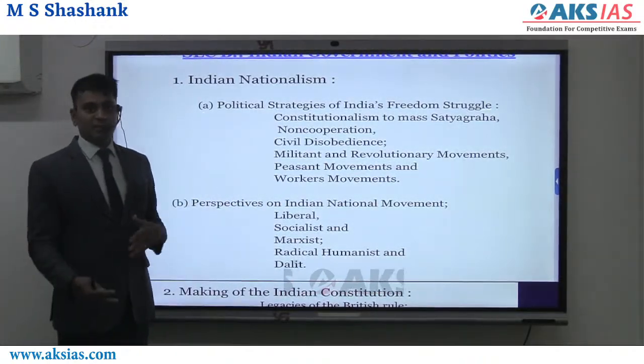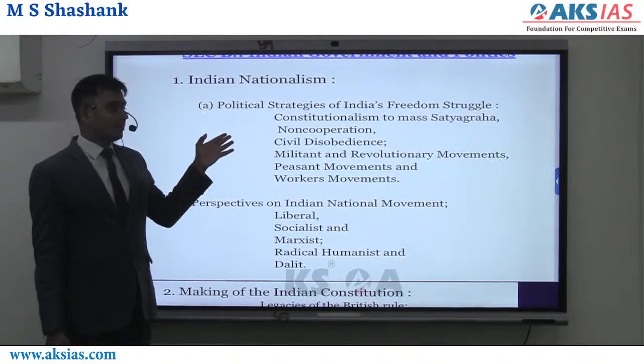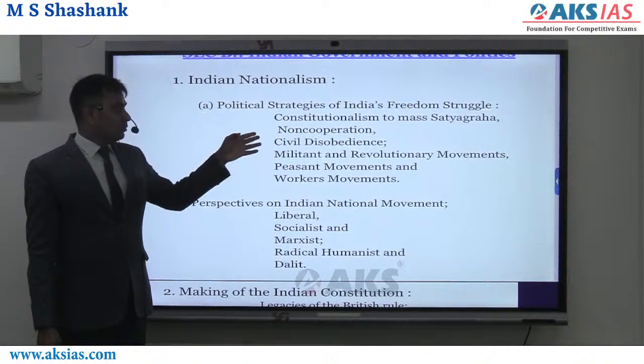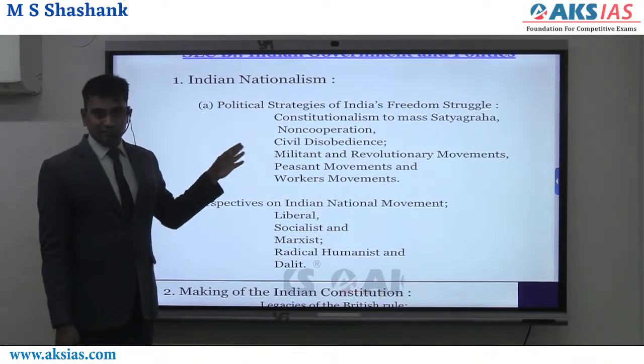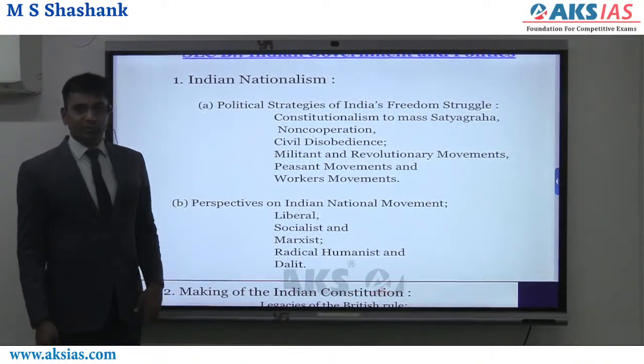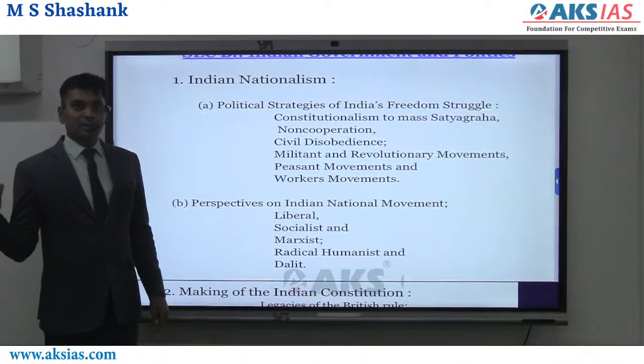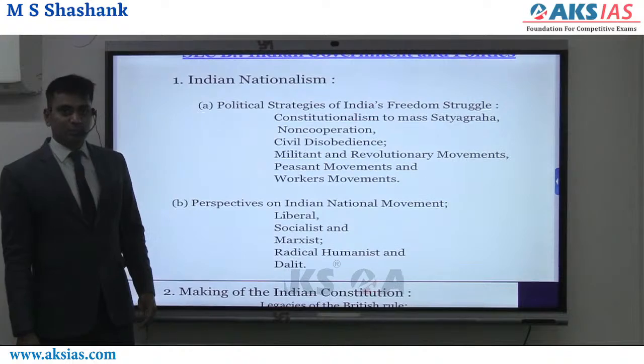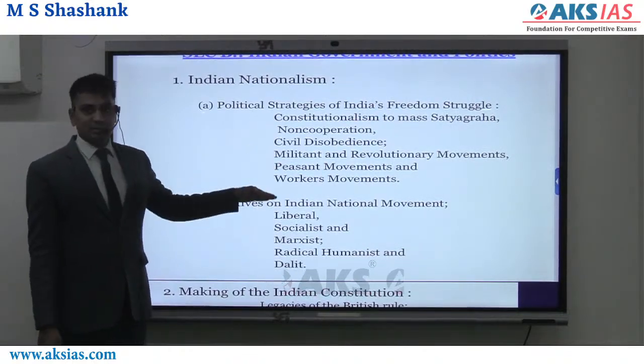Non-cooperation is not obeying the laws, going against the government. Civil disobedience is again not obeying the civil laws of the government. Militant and revolutionary movements are just like in world history, fascism; we wanted to adopt the same thing. Peasant and workers movements are subaltern section movements.